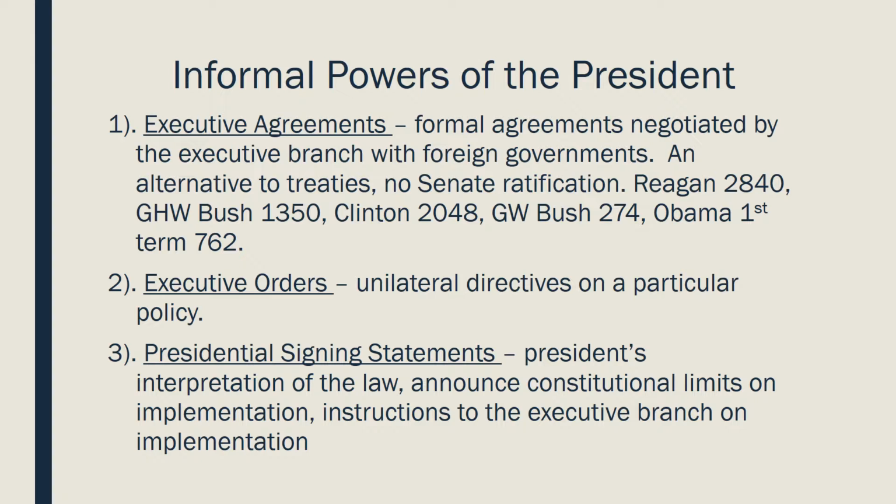So the executive order isn't a formal power, but it emanates from the formal power of the president in being the head of, or in charge of, the branches of government falling under the executive branch.